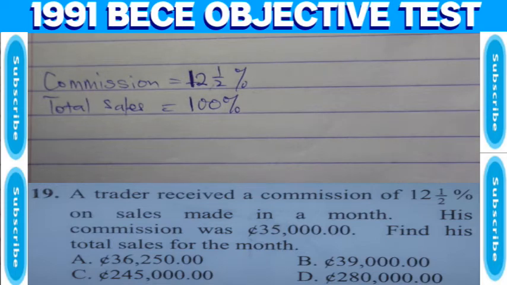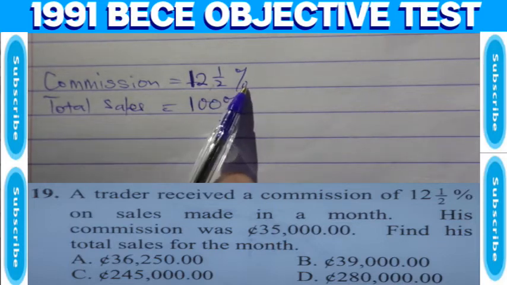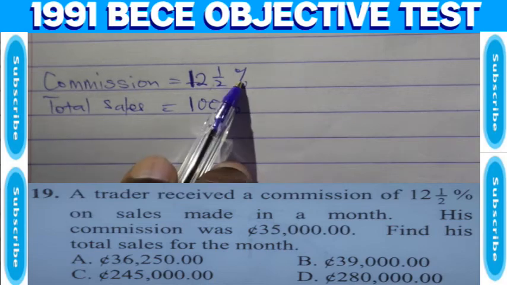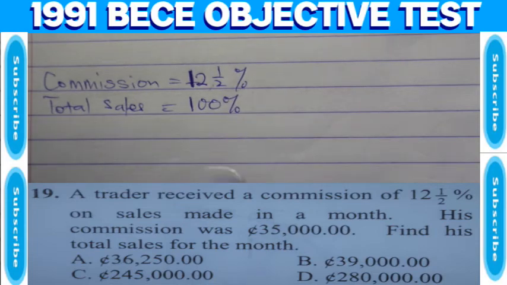So if the total sales represents 100% and the trader was given the commission as 35,000 cedis, it means that in terms of percentage, the commission is 12.5%. But in monetary terms, it is 35,000.